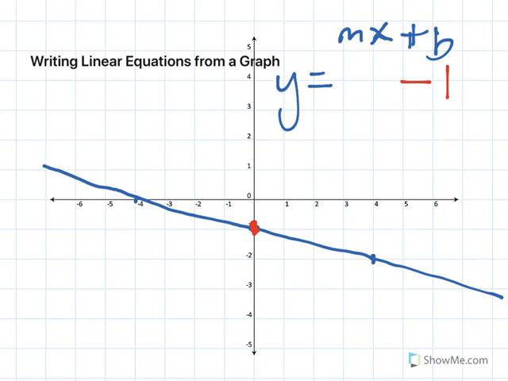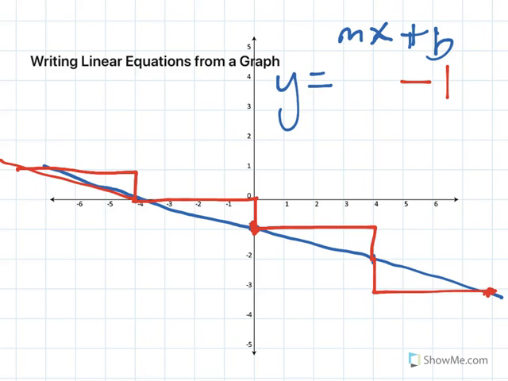What's the slope? Well, if we go up 1 and over 4, up 1 and over 4, like I said, my line isn't straight. Or down 1 and over 4 in this direction.